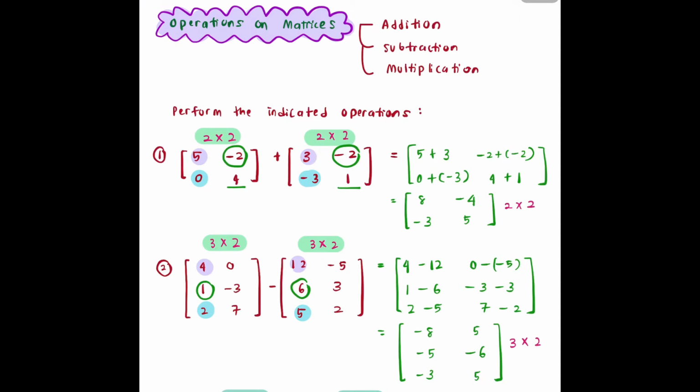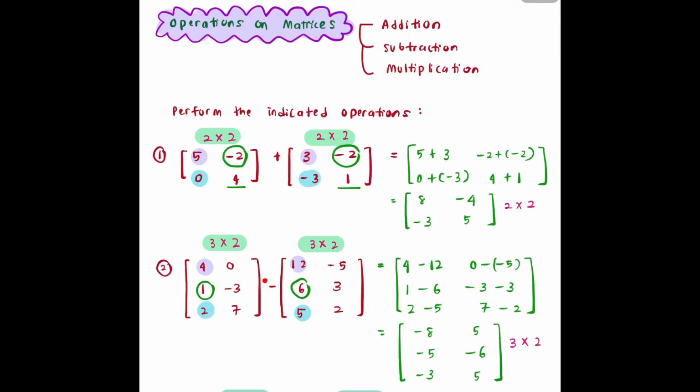So 5 plus 3. How about this part? Row 1 column 2 and row 1 column 2. So minus 2 plus minus 2. And this part here, 0 plus minus 3, 4 plus 1. So altogether, you will have a matrix with the same size, which is 2 by 2.